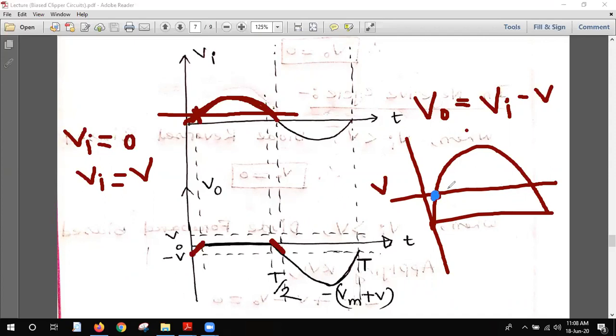At this point, you see that Vi and V are exactly the same. Till this, you have the forward bias, and when you go to this portion, this is the reverse biased portion.